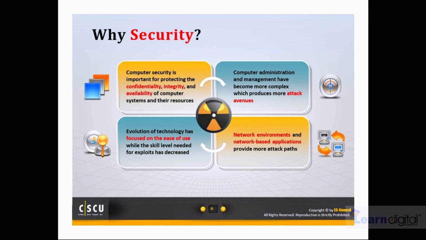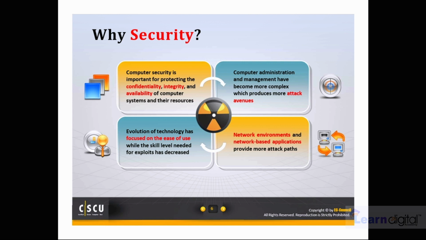So why is security very important? As we discussed in the previous session, cybersecurity is important because it helps protect computer systems, networks, and data from unauthorized access, theft, and damage. With the increasing use of technologies and the internet, cyber threats are becoming more common and sophisticated, posing significant risks to individuals, businesses, and governments.